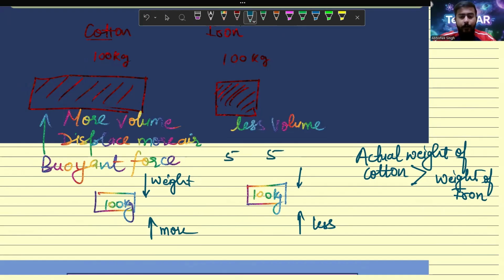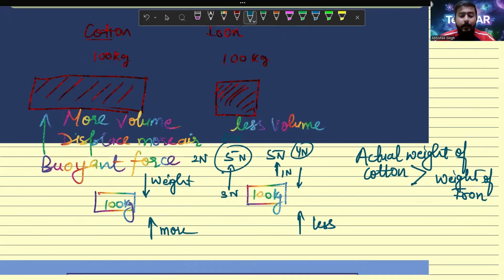Suppose, just suppose, here you are experiencing 3 Newton buoyant force, and here only 1 Newton buoyant force. If both have 5 Newton, the weight here would be 2 Newton, and the weight on the weighing machine here would be 4 Newton.